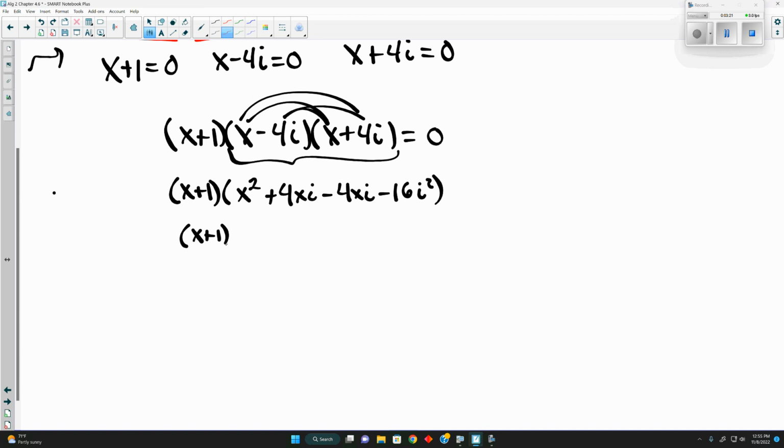Questions on this here? Well, we'll still have x squared, but 4xi minus 4xi is 0. Now, i squared, we've already talked about that in last chapter. What is the value of i squared?